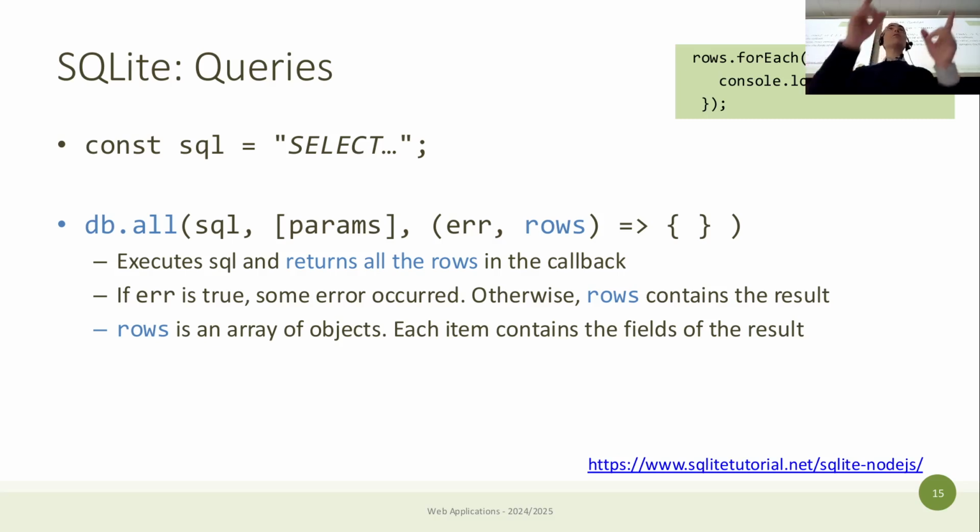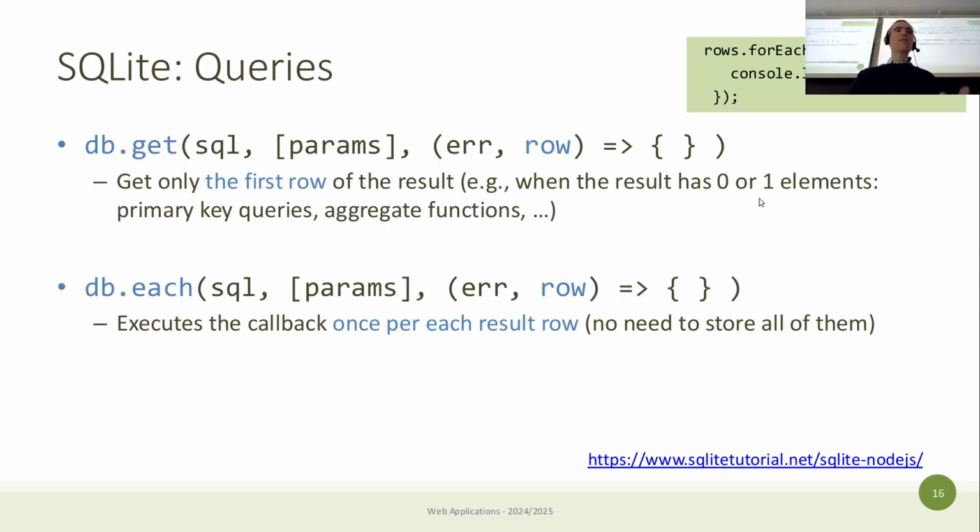It means there's a column that has name. So the column name is name, and you can print the property name of the object row, and there's an object for each element in the array of rows. Okay, but you just try, and it's easy to understand.